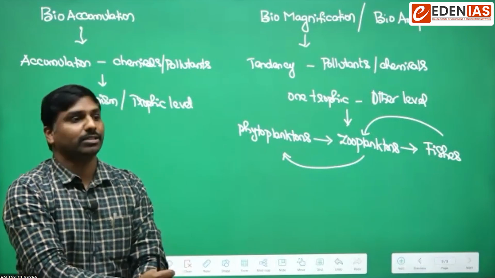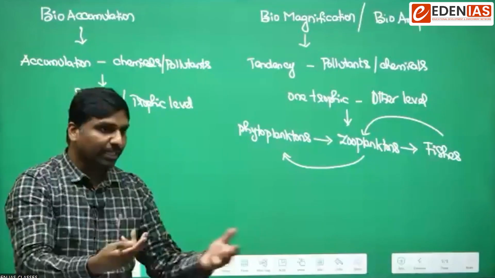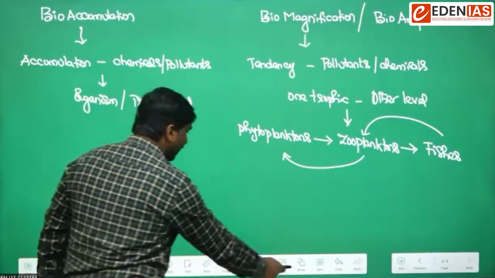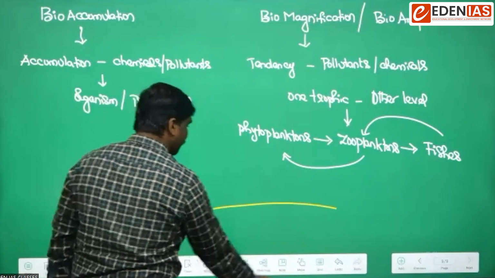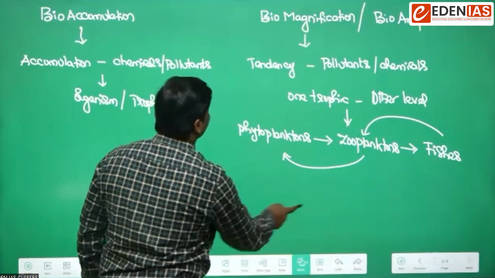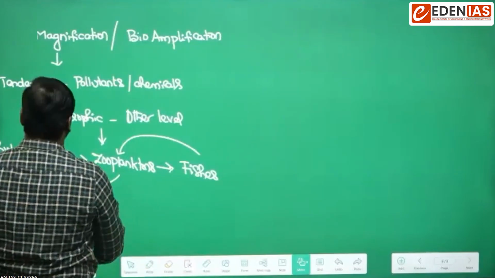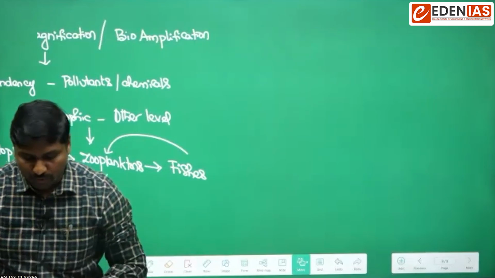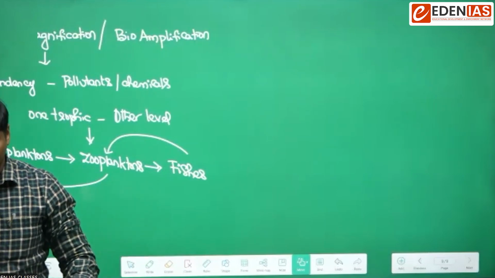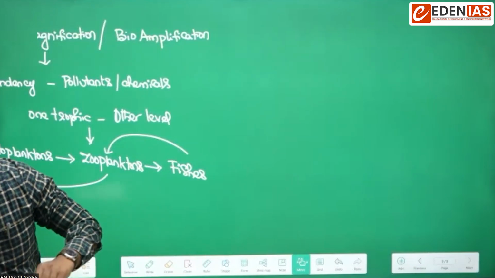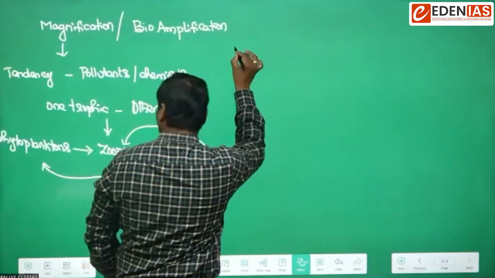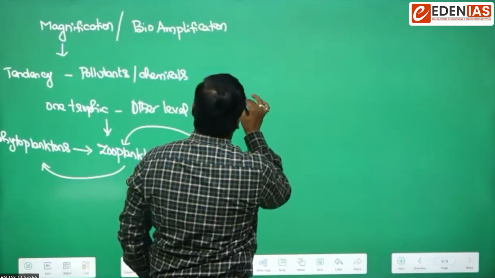So what are the characteristics and what are the examples of those pollutants? Here we have to understand the characteristics of the pollutants. From the pollutants' point of view, there are 4 important characteristics.